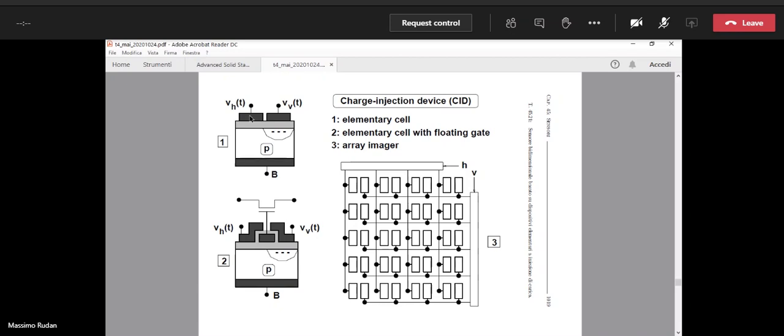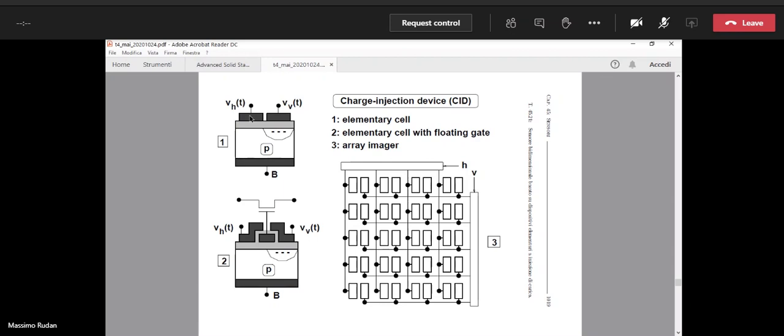But the electric potential of the floating gate is also the electric potential of the gate of the MOS transistor on top. So assume that before the transfer of the charge, the floating gate was low, so the transistor was off.